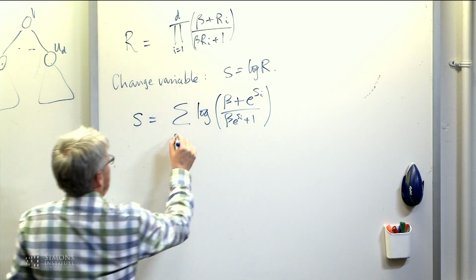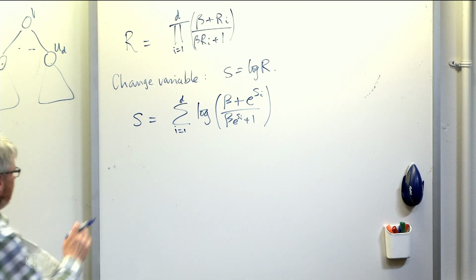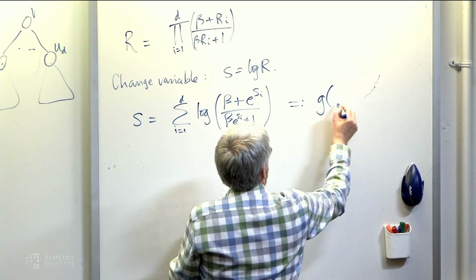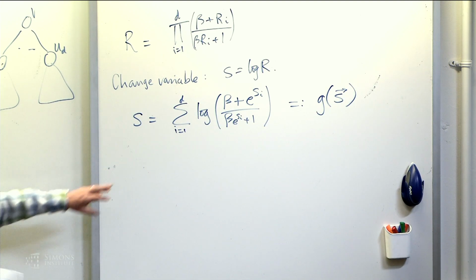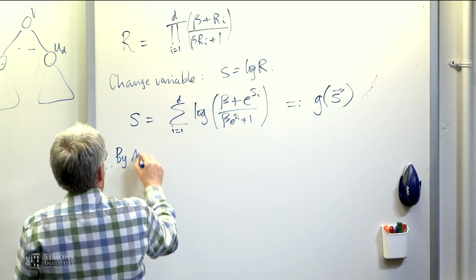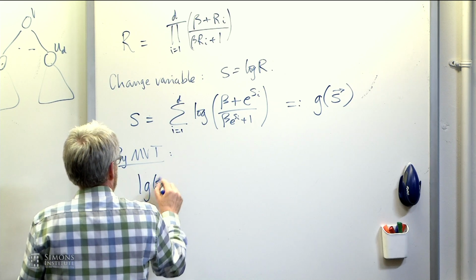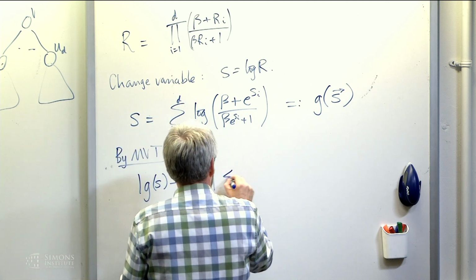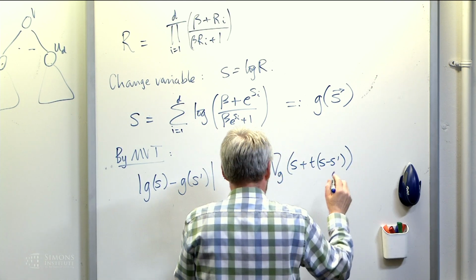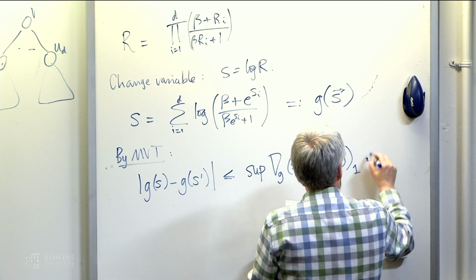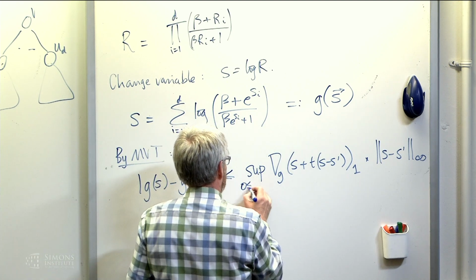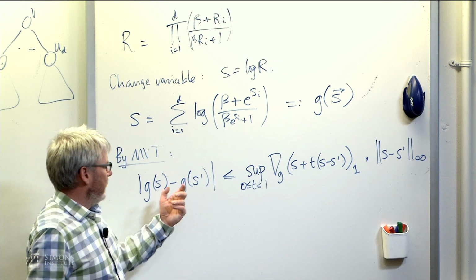Let me call this G of S. Now I can use the mean value theorem to write this, sup over.